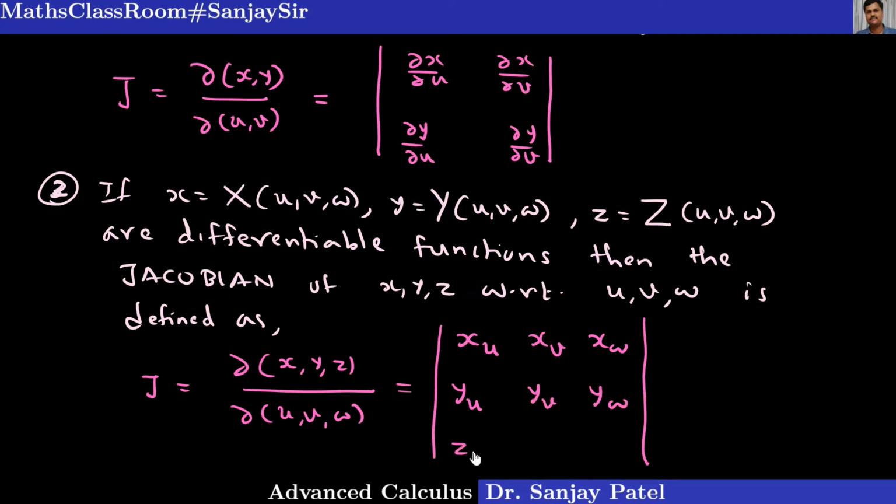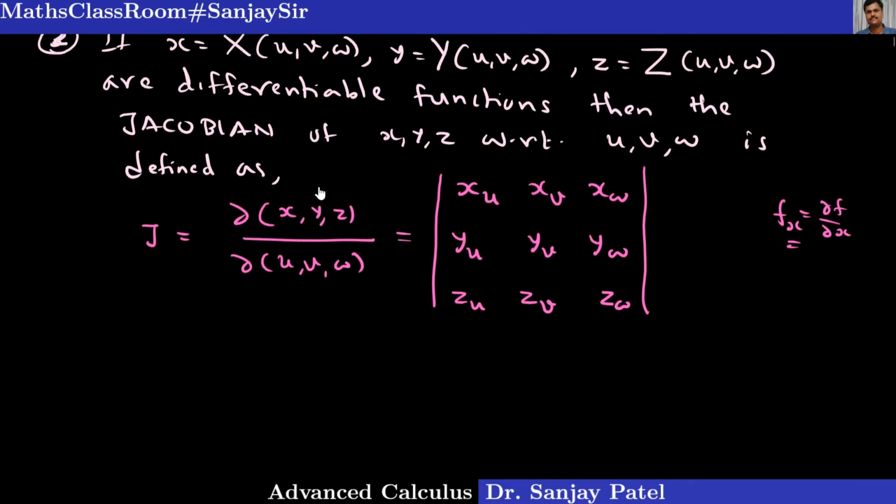The third row is z_u, z_v and z_w. You know this notation for a function of two variables: f_x is the same as delta f by delta x. So I'm using this notation here. This is called the Jacobian of functions of three variables.